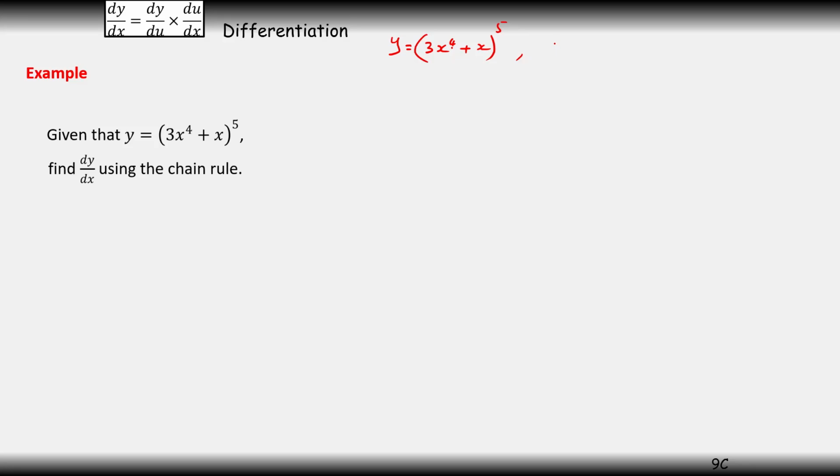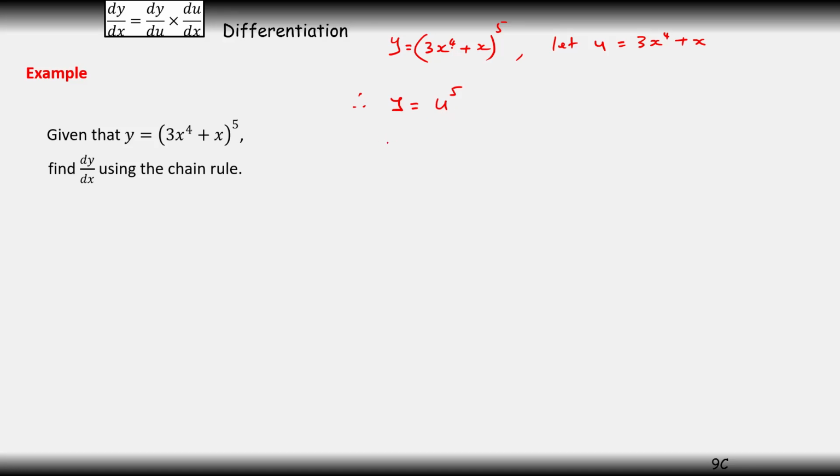So what we say is, let u, a new function we're going to introduce, be equal to the x bit there, 3x to the power of 4 plus x. So everything in brackets there, we're going to equate that to u. That means y is now equal to, all of that is u, so it's u to the power of 5.